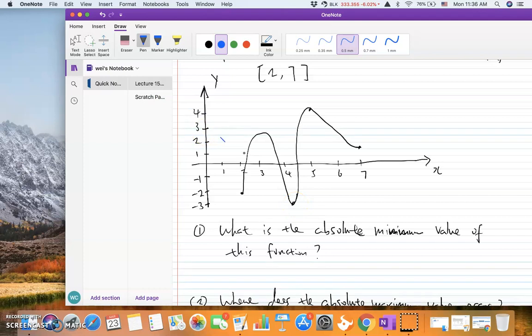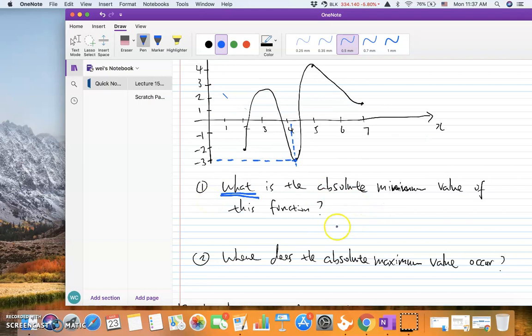The lowest point is here when x equals 4, right? And because here we are asked to find the minimum value, the answer should be the y value, and the y value of this point is -3. So the answer is -3.